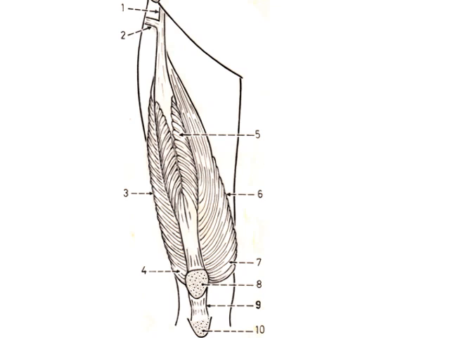All four heads are inserted below into the patella, number 8, and from the patella arises a strong ligament, number 9, called ligamentum patelli, or the patellar ligament, and this ligamentum patelli is attached to the anterior tubercle of the tibia, number 10.